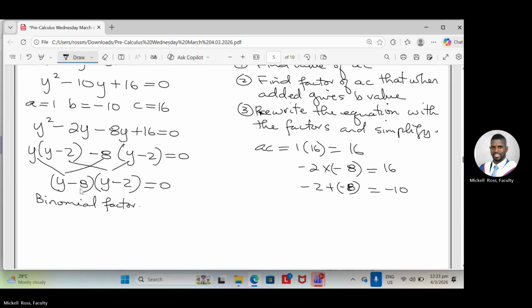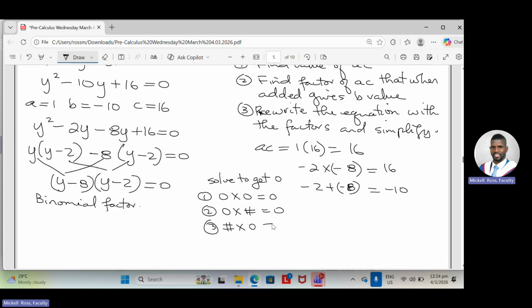So what we know is that we're solving and it's equal to 0. How do we solve and get 0? First condition, either you have 0 times something, which is equal to 0, or you have something times 0, which is equal to 0.